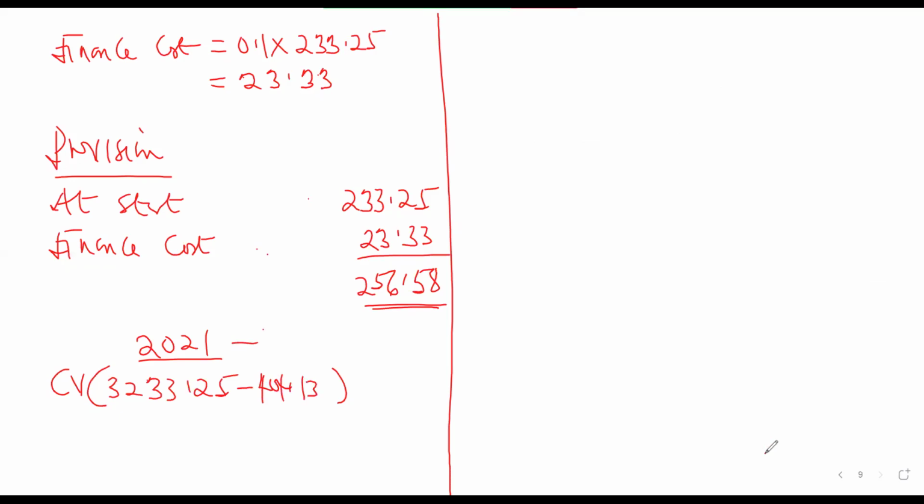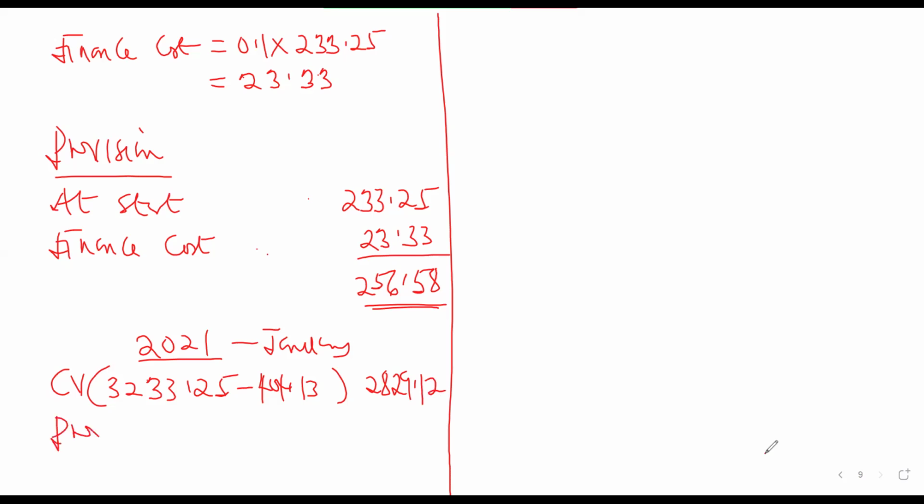January 2020, what is the value? 2829.09. I'm getting 2829.12. Okay, 0.12, yeah.